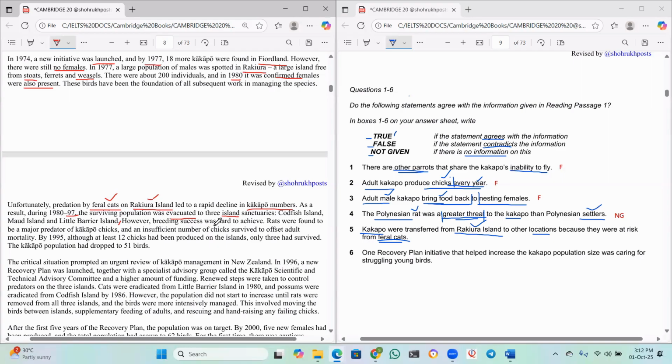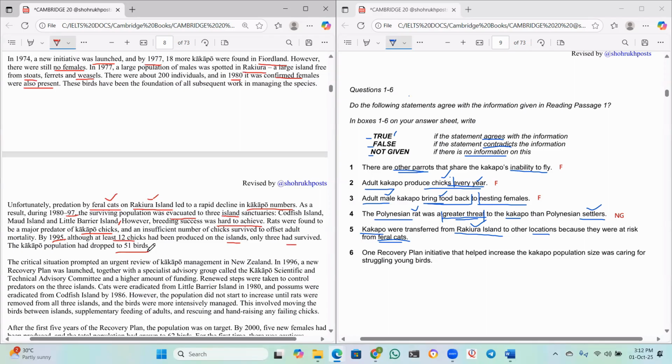However, breeding success was hard to achieve. Rats were found to be a major predator of kakapo chicks, and an insufficient number of chicks survived to offset adult mortality. By 1995, although at least 12 chicks had been produced on the island, only three had survived. The kakapo population had dropped to 51 birds.